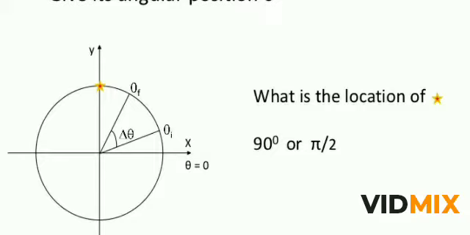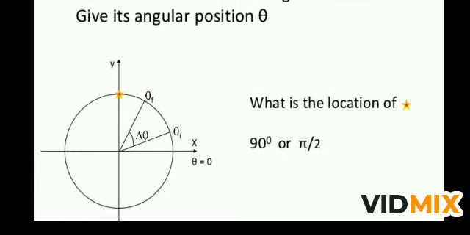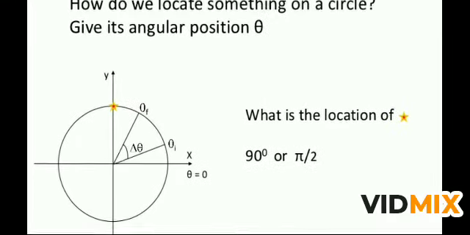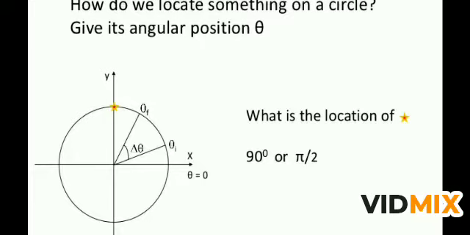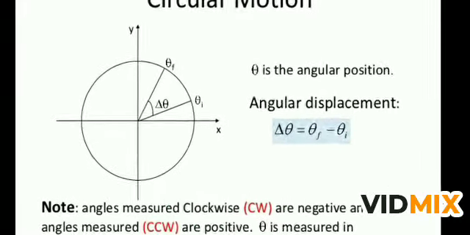As in linear motion we indicate the linear displacement, here we are seeing the angular displacement. Means the particle which is at any place on the circle, after some time where it is on the circle, we can find with the help of the angle covered. That is called angular position, and the angular position is indicated by theta.